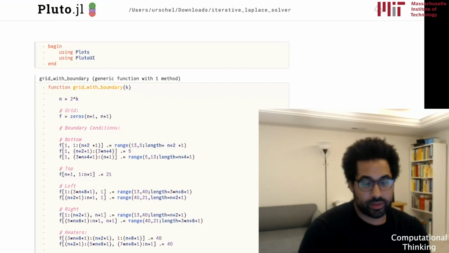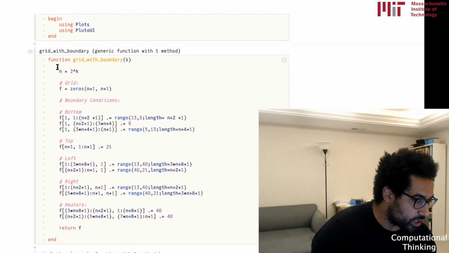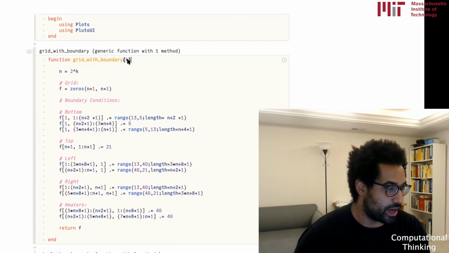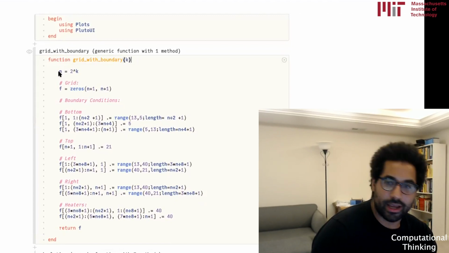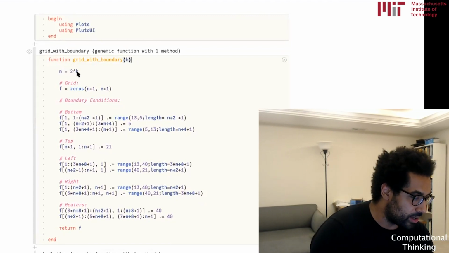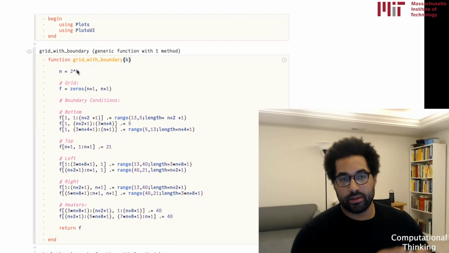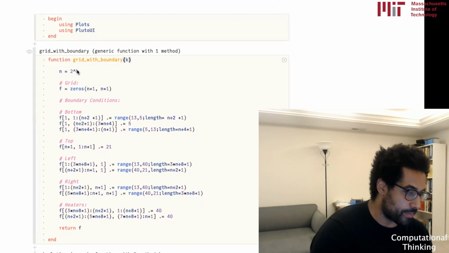First, what we need to do is define our grid. So I wrote this function, grid with boundary, which takes in some integer k, which tells me how many boxes I want in each direction, in the x and y direction. It's 2 to some power k. So if I set k to be 5, I get 32 rows of boxes and 32 columns of boxes.